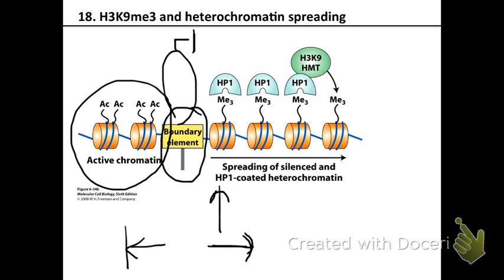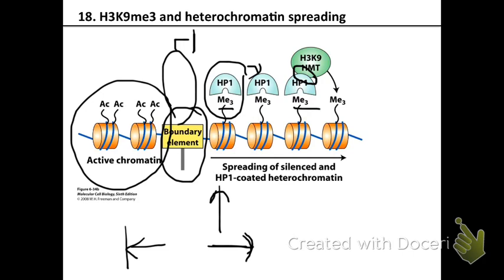When you have methyl 3, you're bound by HP1, and that's interacting with another HP1. But HP1 protein also has another domain that interacts with the H3K9 histone methyltransferase itself, right? So it has an interaction that recruits the writer of this methyl 3.